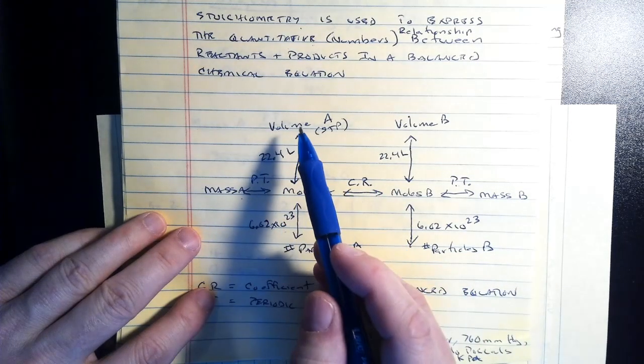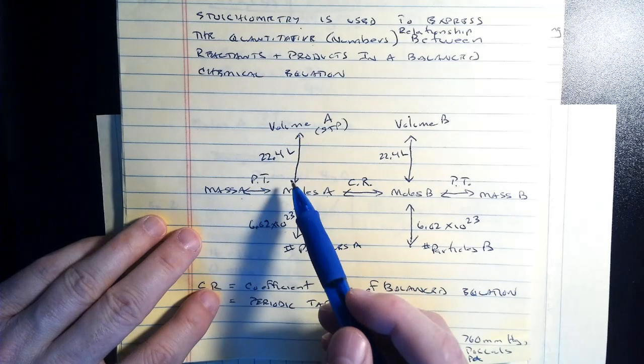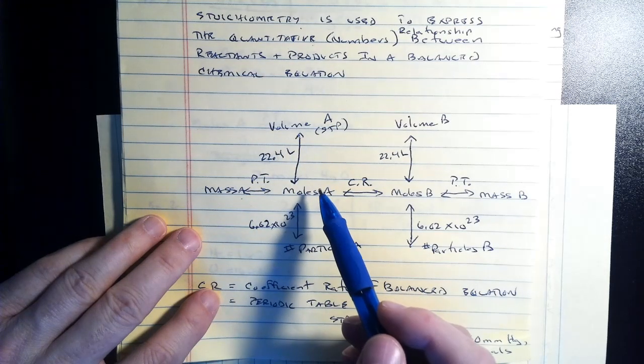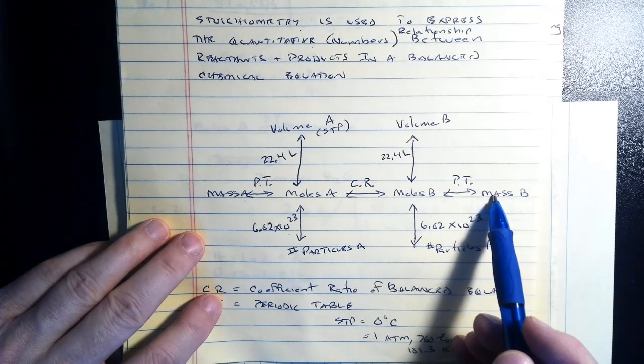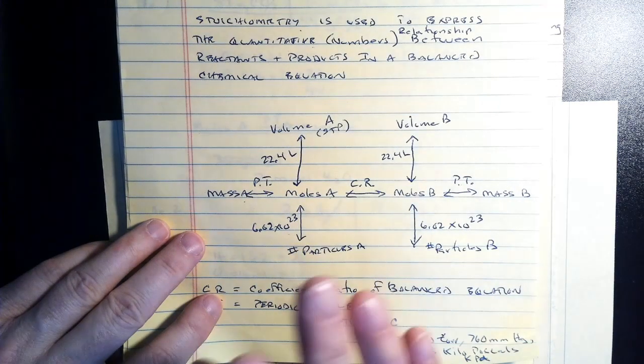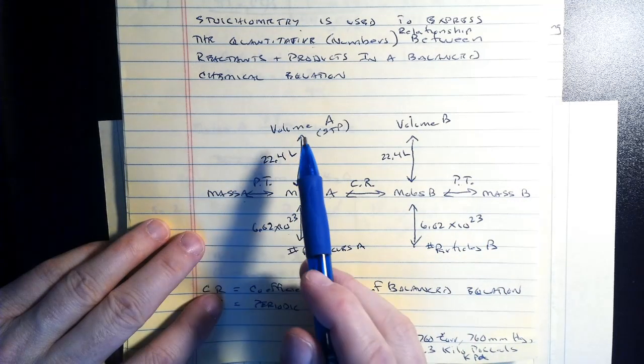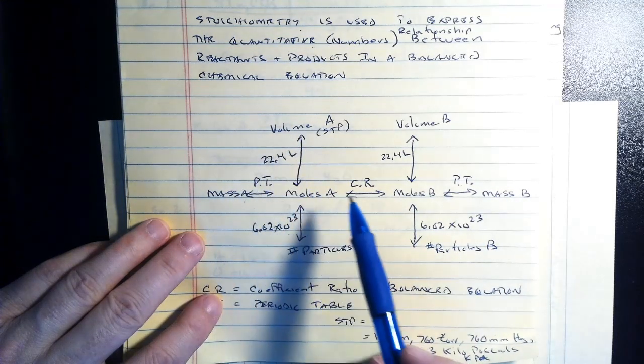Or you can look at it as volume A going down to moles A, then to moles B, and mass B. They're both the same thing. So maybe you would think better going from volume A to moles A to moles B to mass B.